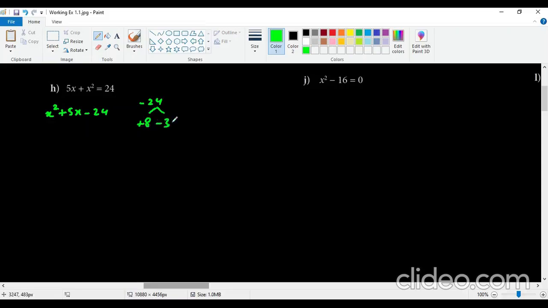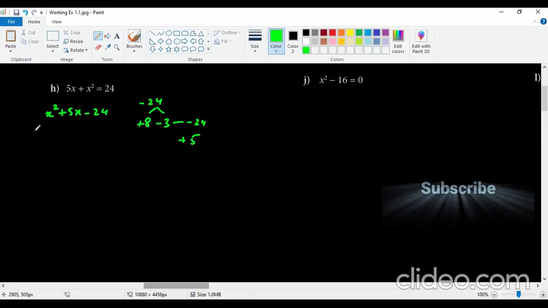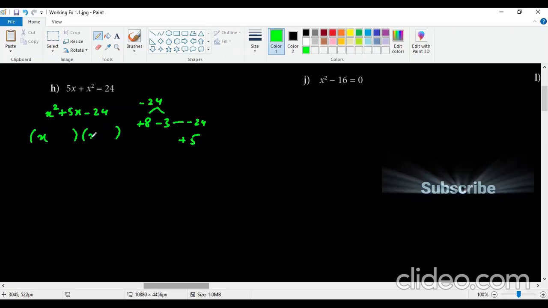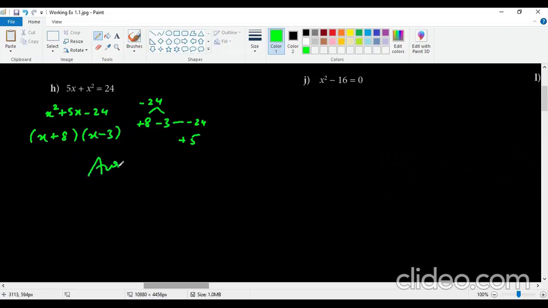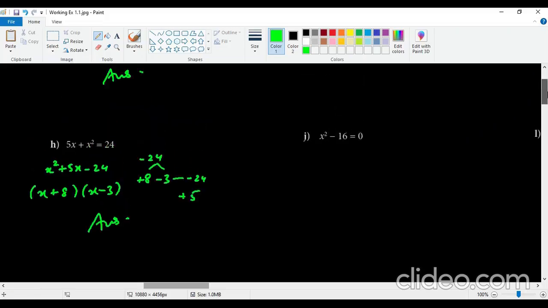Once we multiply, we get negative 24, and when we add or subtract, we get a plus 5. So using the same technique once again, making two brackets, write x here and x here, plus 8 will come from here, and negative 3 you will write like this to get the correct answer for this question.